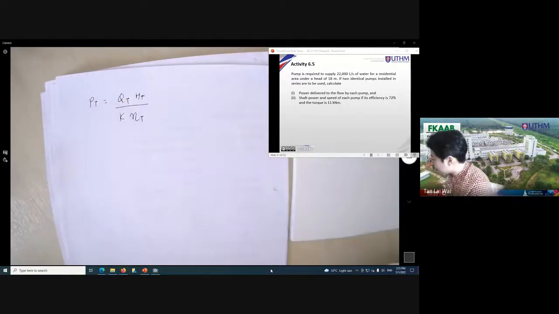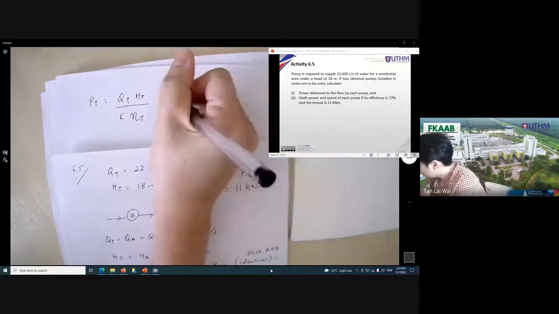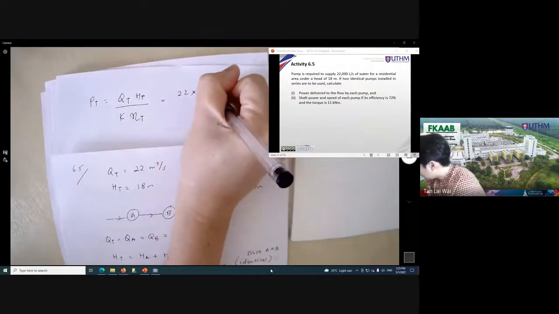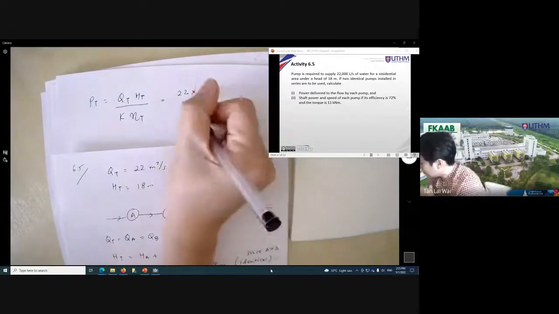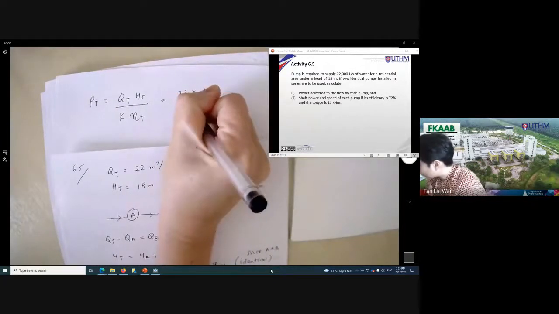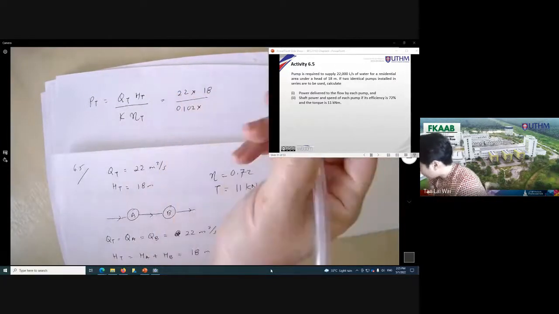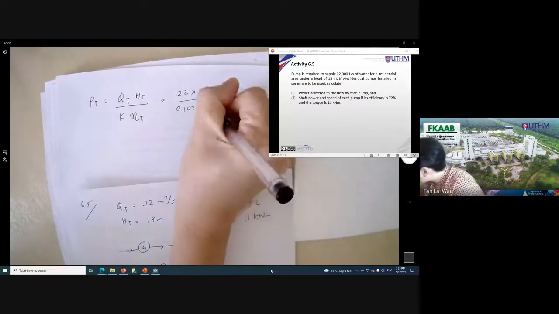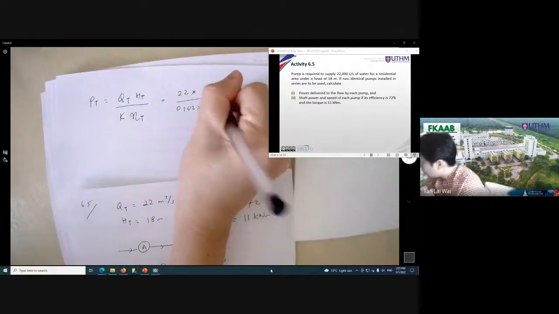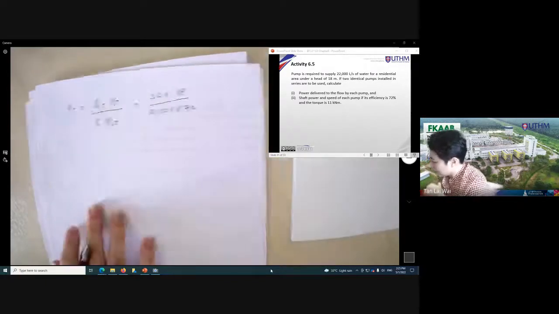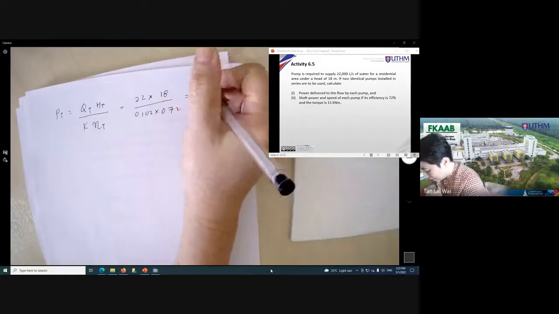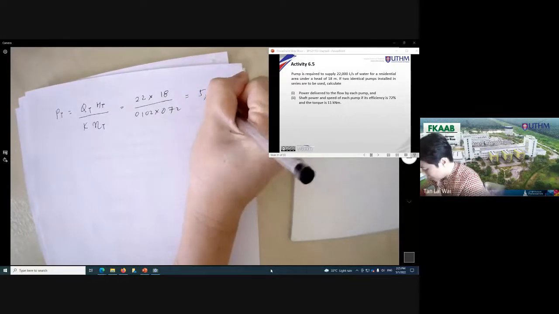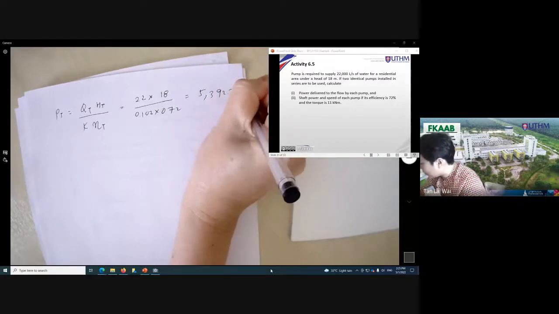In this case, your Q would be 22 times 18, which is HT, divided by 0.102 times your efficiency provided, which would be 0.72. So the whole system would be 5,392.2 kilowatt.